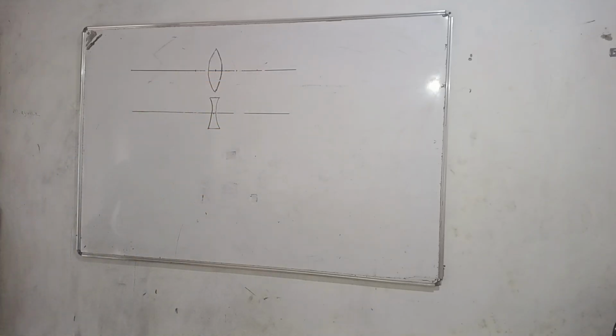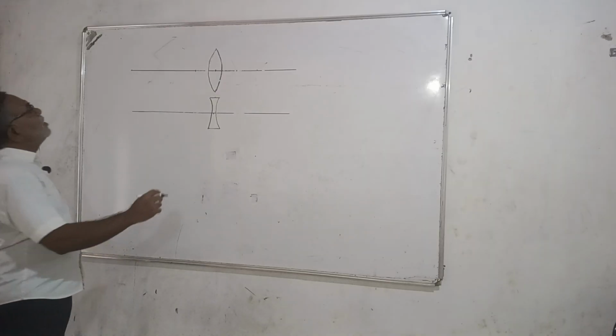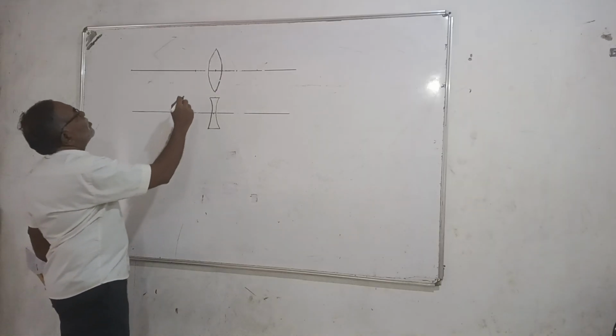So while marking the f and 2f, you must leave equal distances. Otherwise, you cannot get the image.